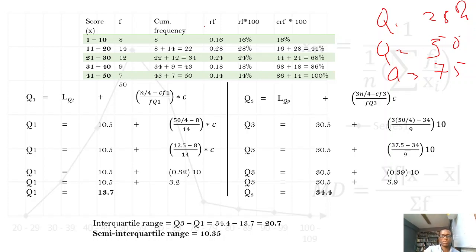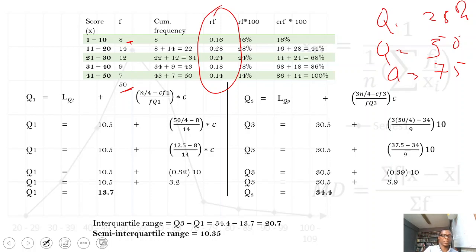If we want Q3, then we'll compute this relative frequency column. To calculate the relative frequency, just divide the frequency, in this case 8, by the summation of the frequency.